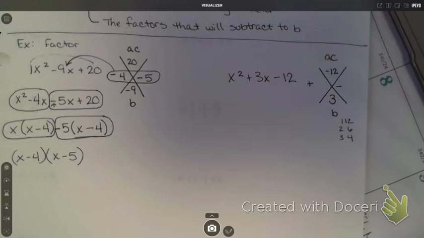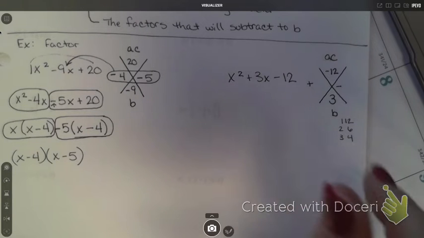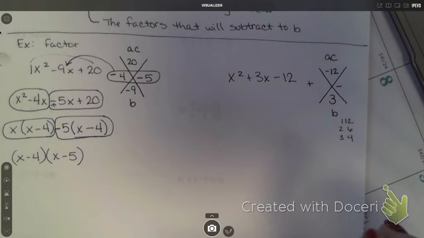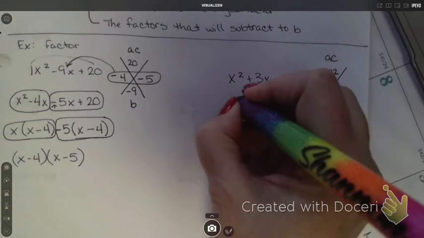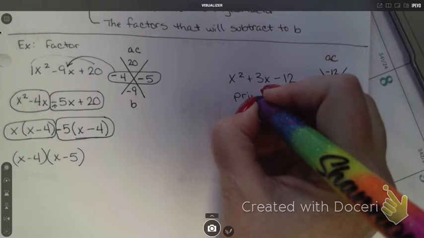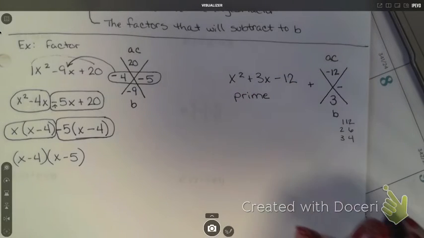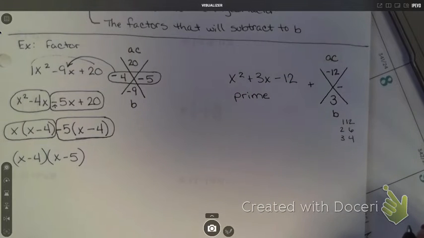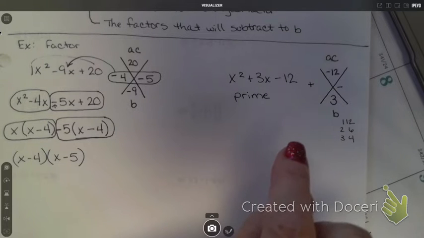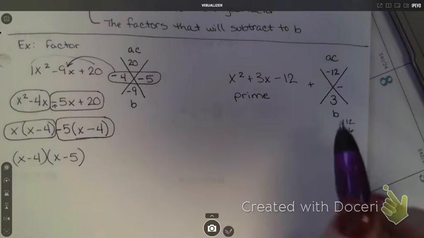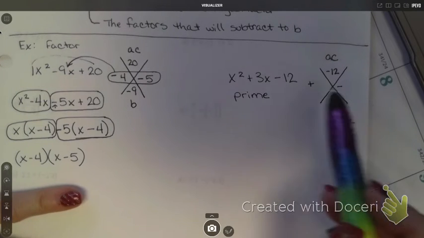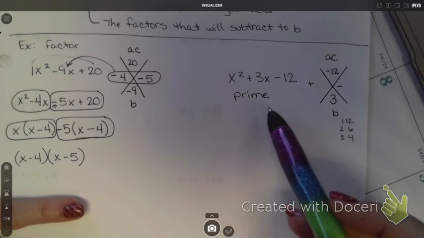No. That does not work like that, does it? Nope. So we say it is prime. We will learn the quadratic formula so we can deal with this later on. But is this all my work to show you that it's prime? Yes, you can't just write prime.